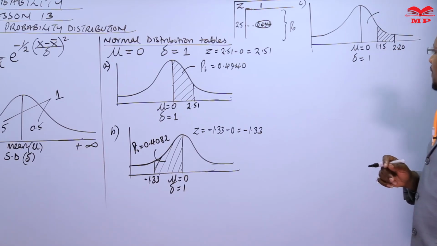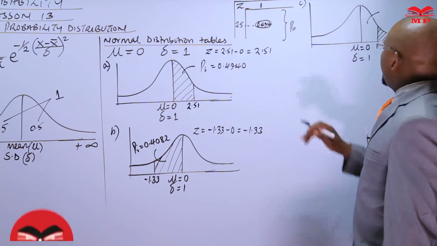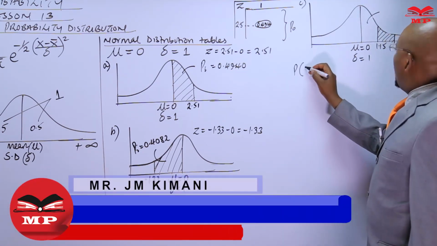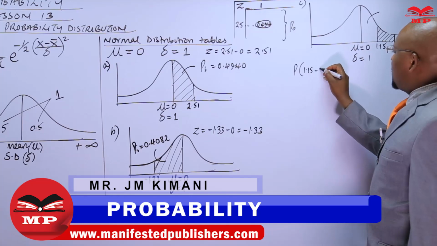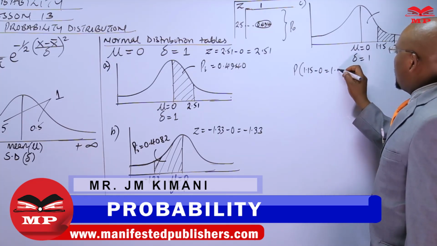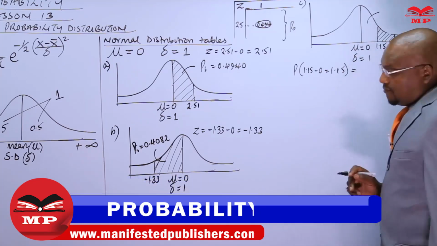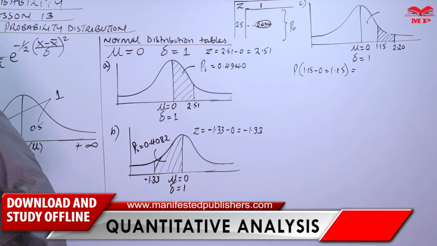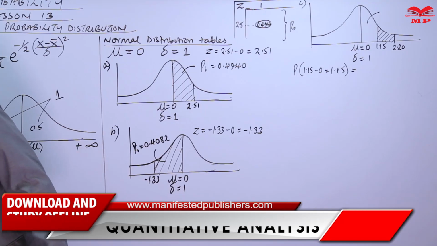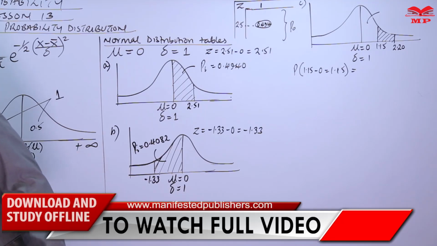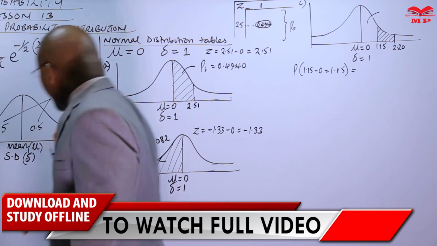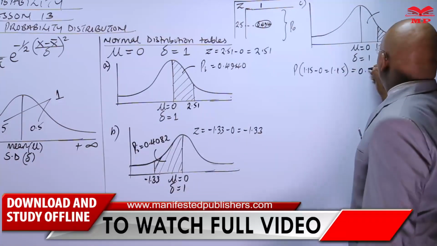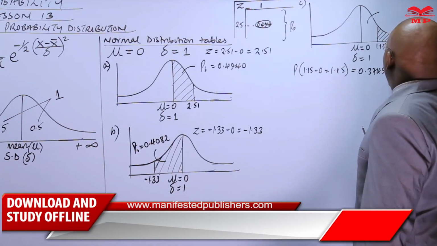So our probability for 1.15 minus 0, which is 1.15, shall give us 0.3749.